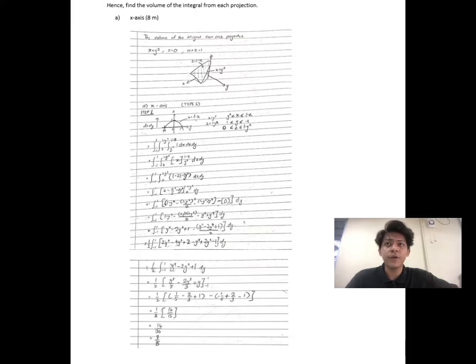We just substitute the value of z, so the equation is y to the power of 4 minus 2y squared plus 1, minus y to the power of 4 minus 2y squared plus 1 over 2, dy.